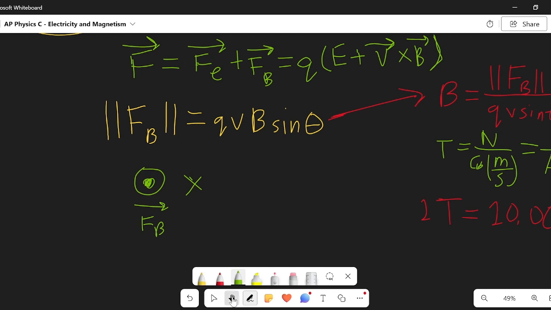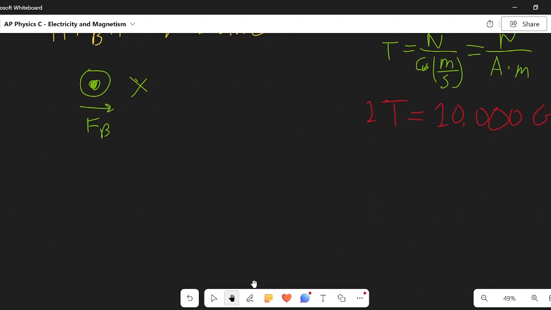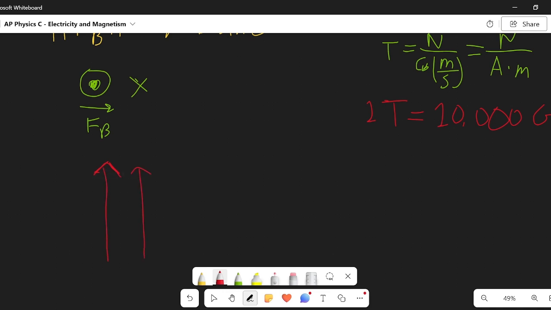So now let's consider this. Let's say that we are trying to determine the direction of the force on a charge. Let's say we have a magnetic field in the direction like so.